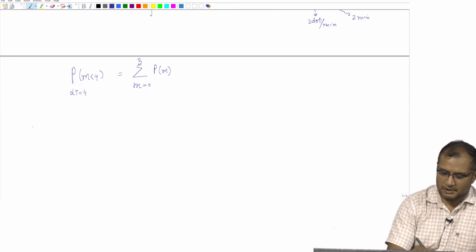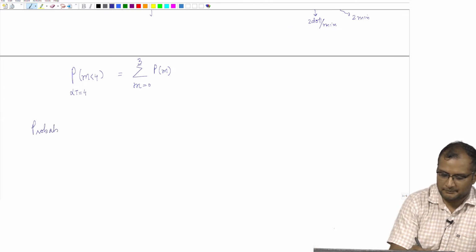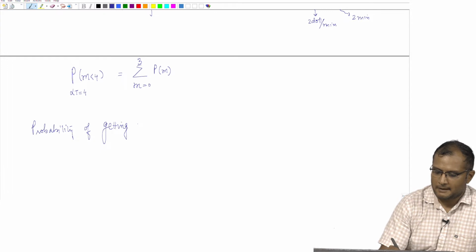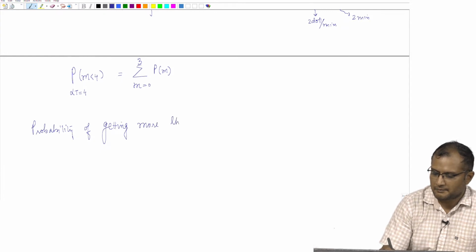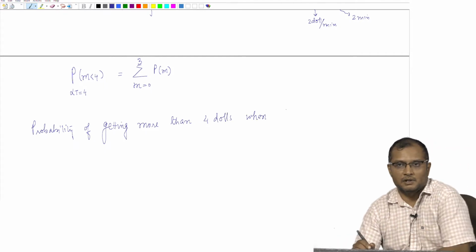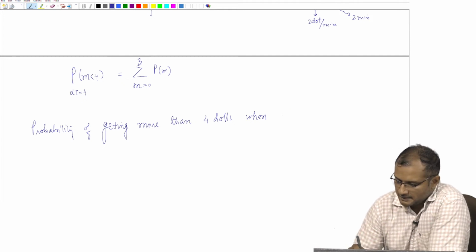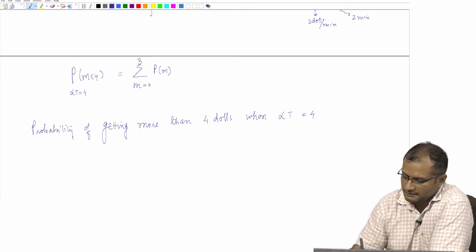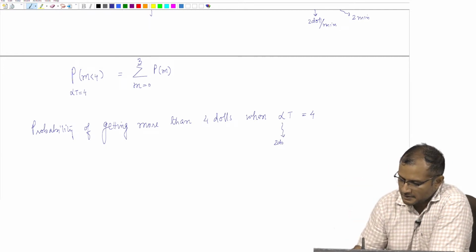You can also ask what is the probability of getting more than 4 dolls when the average number of dolls that you expect is 4. So, we are not changing the average. Okay. So, our rate is still 2 dolls per minute and my observation time is also 2 minutes.